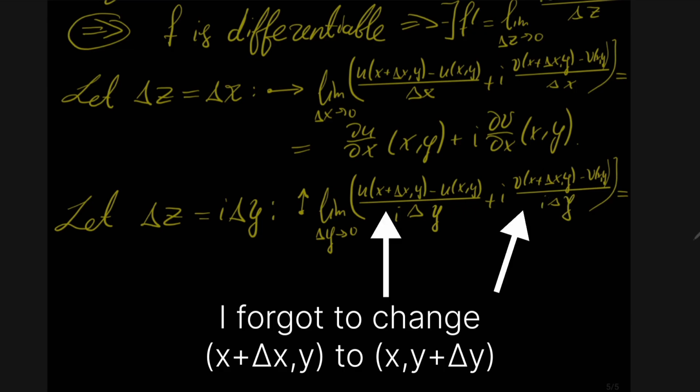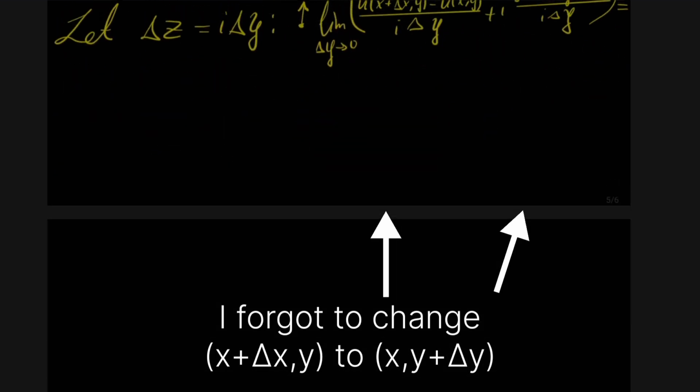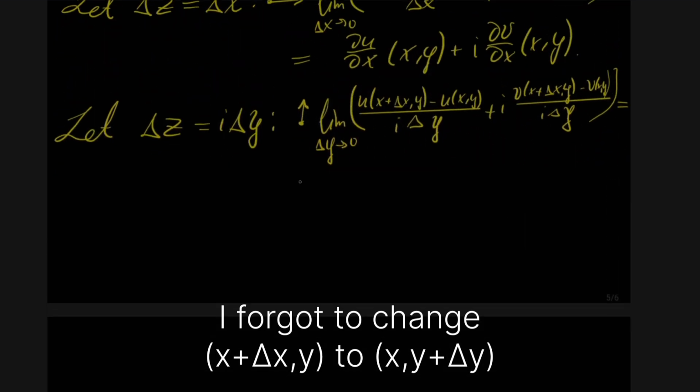Please do not forget that delta z is equal to i delta y, so we also divide by i. This is equal to almost the same thing, but divided by i. And 1 over i is equal to negative i. It is a very basic algebraic property.